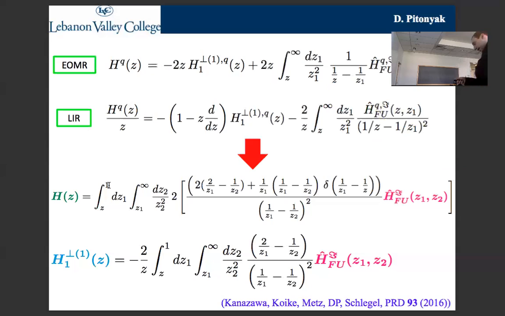This is why I say that this Wandzura-Wilczek type approximation is actually theoretically inconsistent, because remember, H tilde is also an integral of this dynamical function. So if I set H tilde to 0, that means I'm setting this dynamical function to 0, and if I set the dynamical function to 0, I'm setting the Collins function to 0. So we know that's not true, so it's totally theoretically inconsistent to use a Wandzura-Wilczek type approximation in a T-odd observable.